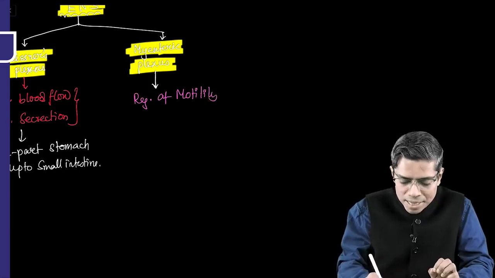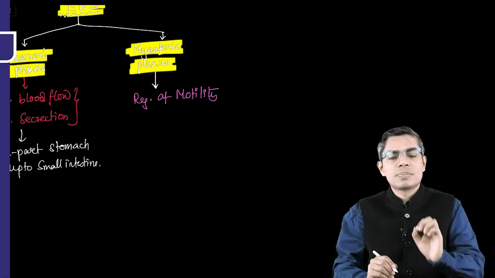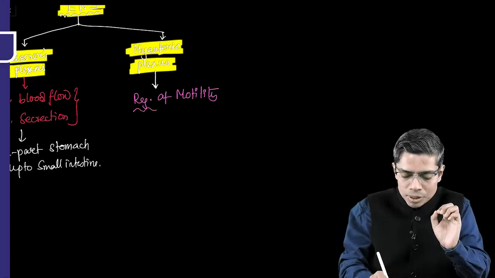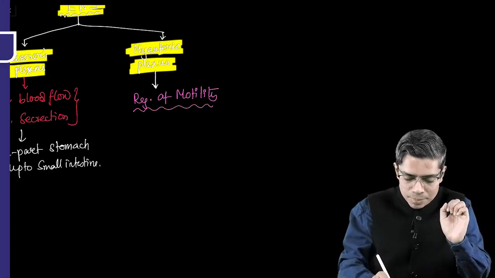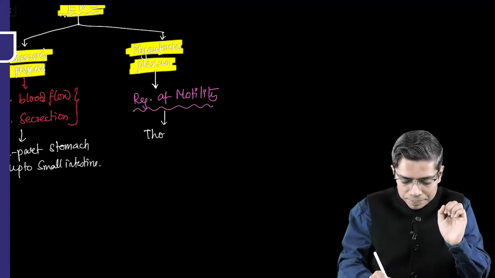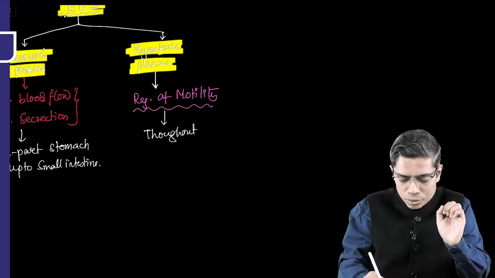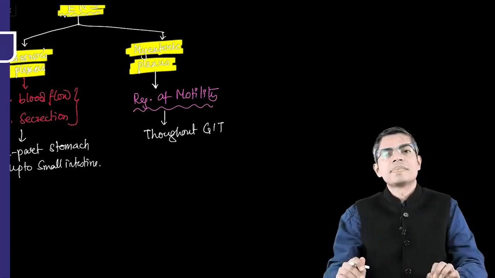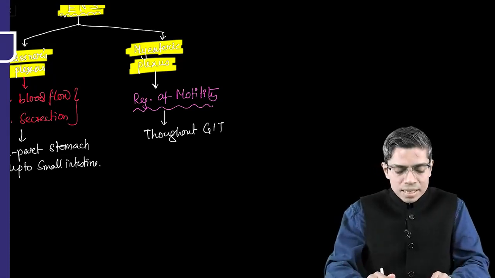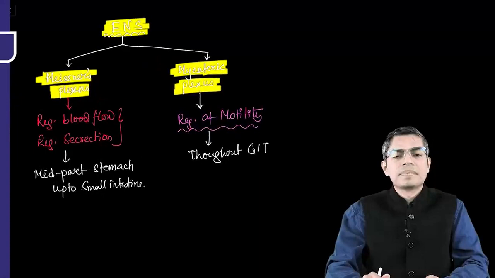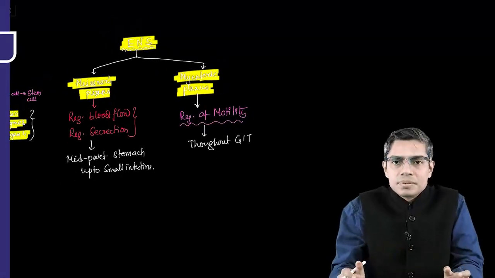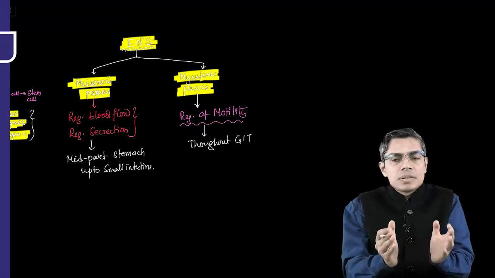So this is the main plexus responsible for regulating the motility of the GIT, and it is present throughout the GIT. So this way you have to remember that enteric nervous system is an autonomic nervous system present within the layers of the GIT.